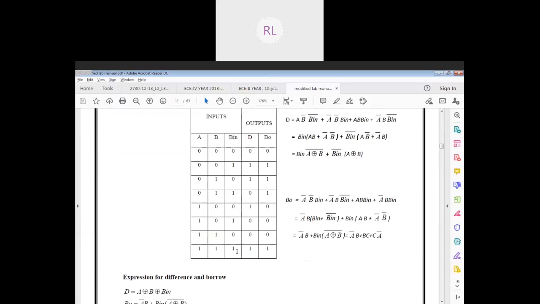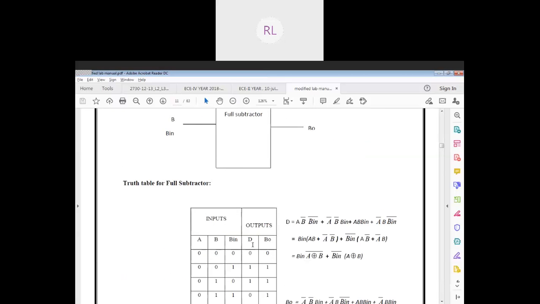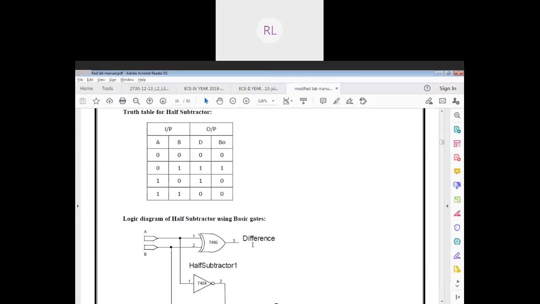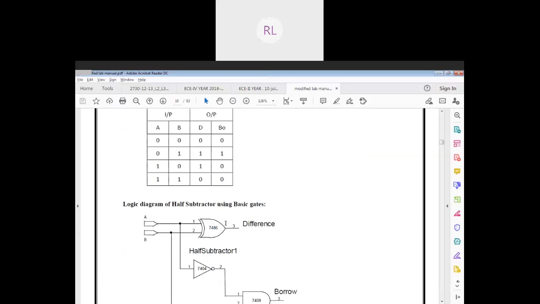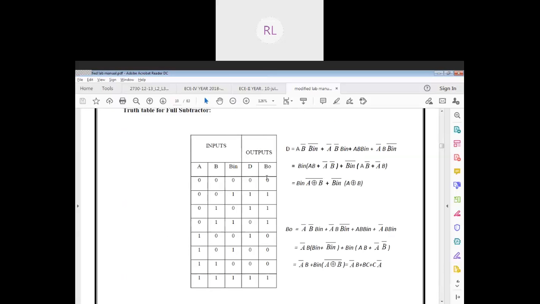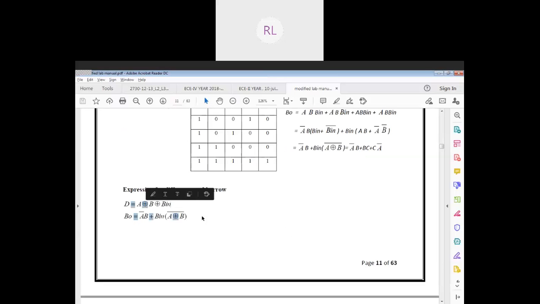So this is my borrow, A bar into B. Similarly you can convert this to universal gates. Here you can see I have used one IC for difference, and another one for borrow out. That's why you see this hyphen 2.